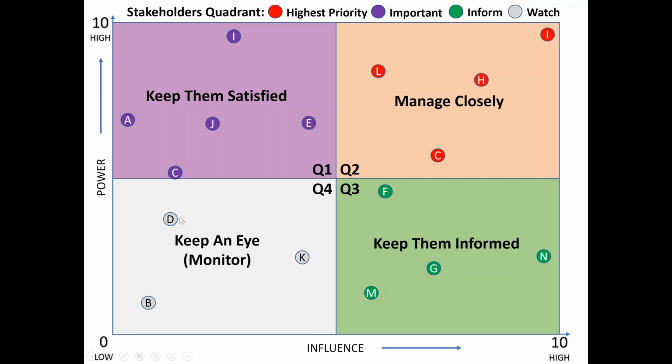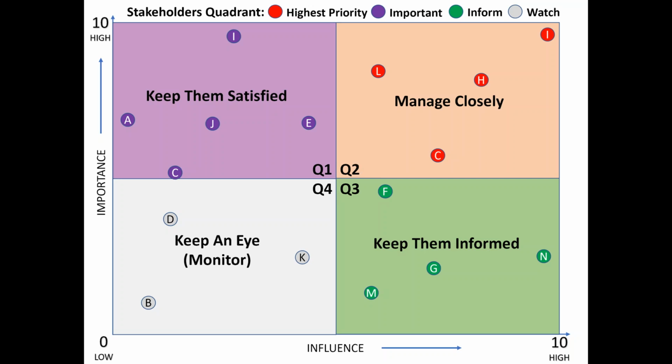If you look at it from a power and influence point of view, again the same 4 quadrants and the same 4 strategies work here. And if you look at it from an importance influence point of view, even then the story remains the same.